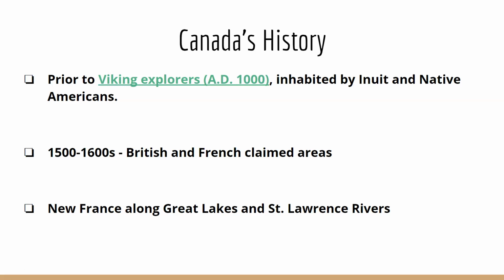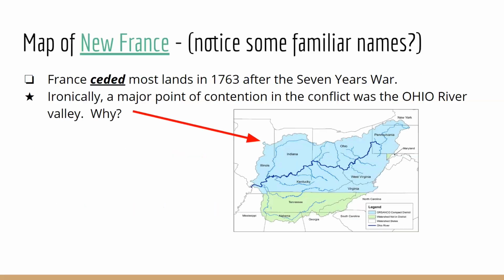This was around the time when the British and the French began to claim areas in Canada, and places like New France were created along the Great Lakes as well as the St. Lawrence River. Looking at a map, feel free to follow the link here, and I will include the link to the presentation in the description below.